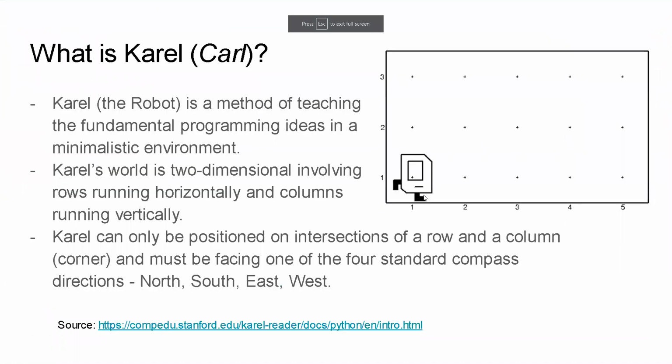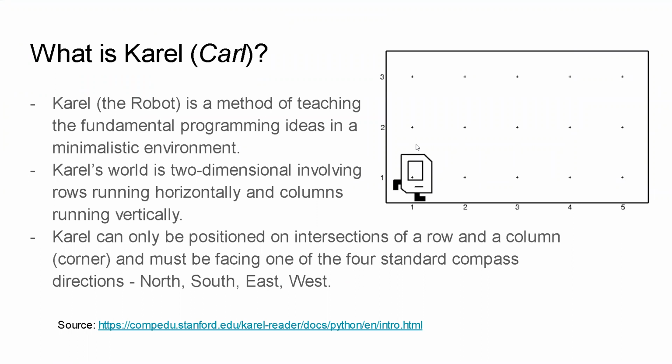Karel the Robot can be used as a method of teaching fundamental programming ideas. In its current version, it is within a two-dimensional world in which this is the agent, this is Karel, and Karel can move forward.